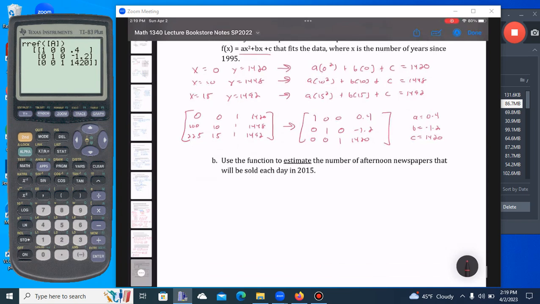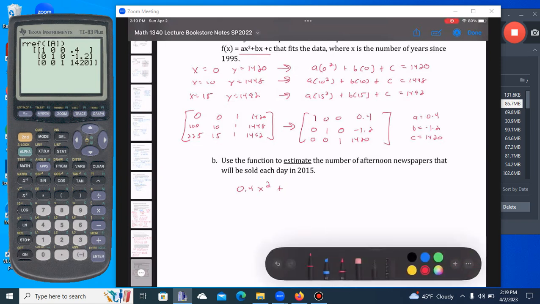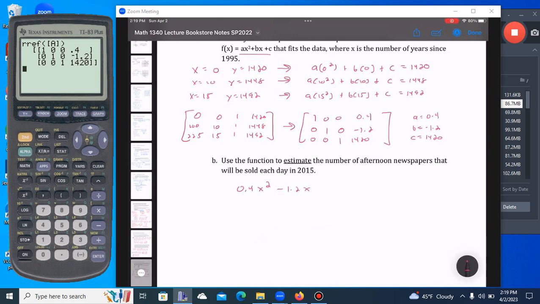So the function is going to be 0.4x squared plus negative 1.2, so minus 1.2x plus 1420. That is our function.